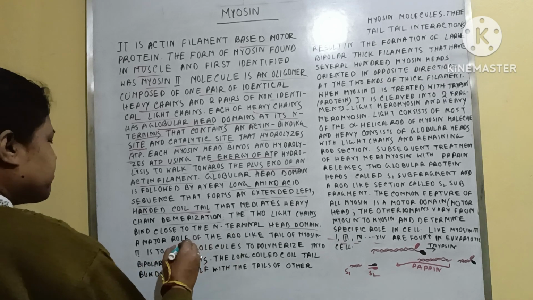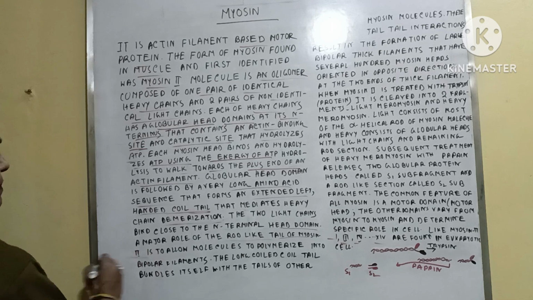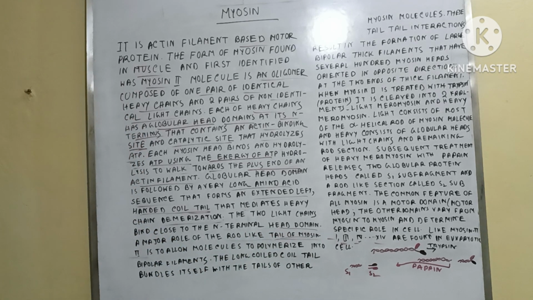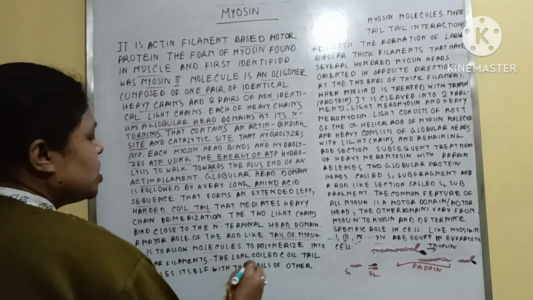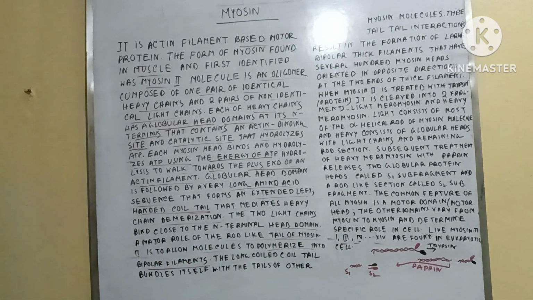And the rod-like tail of myosin 2 generally allows the molecules to polymerize into bipolar filaments.